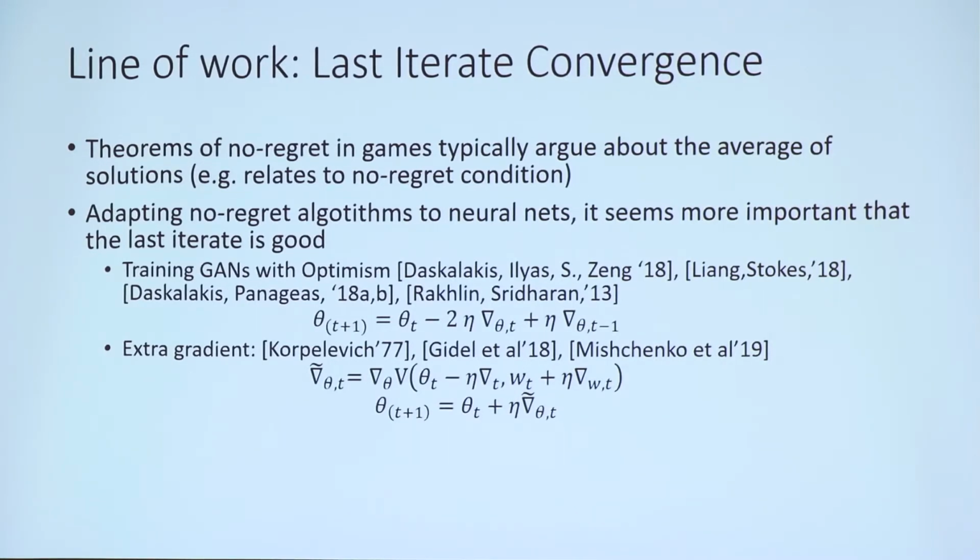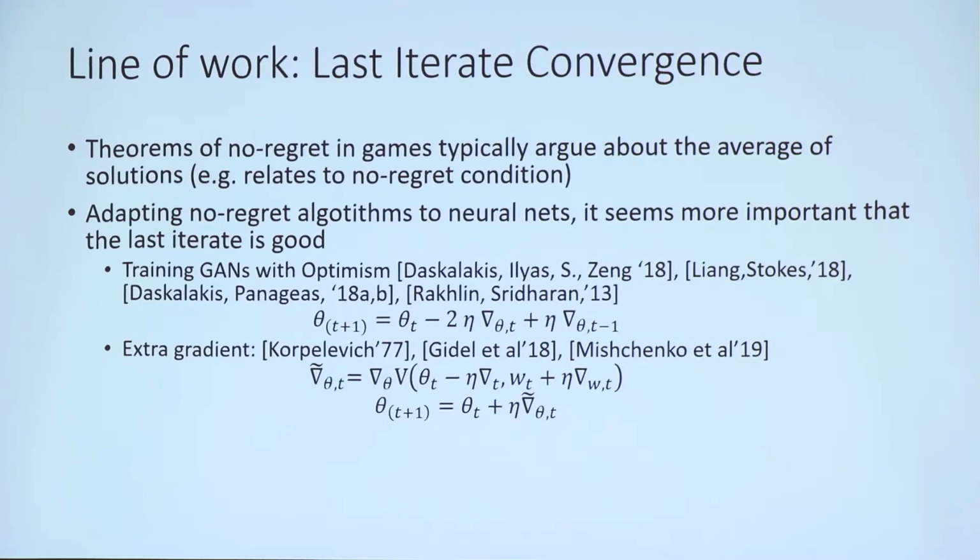And so these were some of the algorithms. All of these papers take these algorithms and translate them into how they would look when you take this optimism. How would you adapt the standard algorithms that people are using for training GANs to add such an optimism behavior? We propose, for example, a variant of an algorithm that's very popular in neural net training called Adam, augmented with an optimistic step.